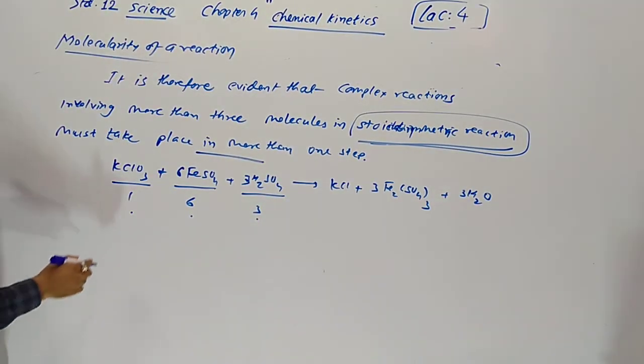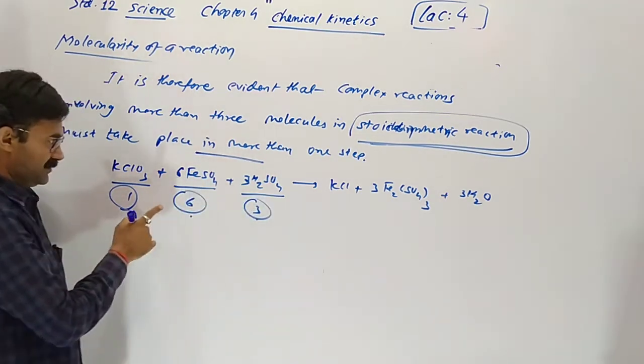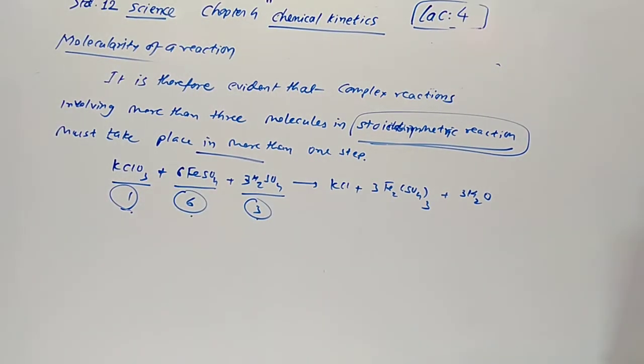So molecularity is 10, not possible. It means that this reaction occurs in many stages. This reaction which apparently seems to be of 10th order is actually a second order reaction.